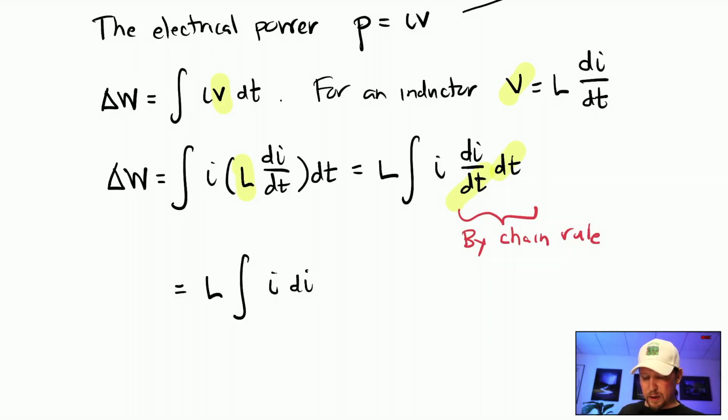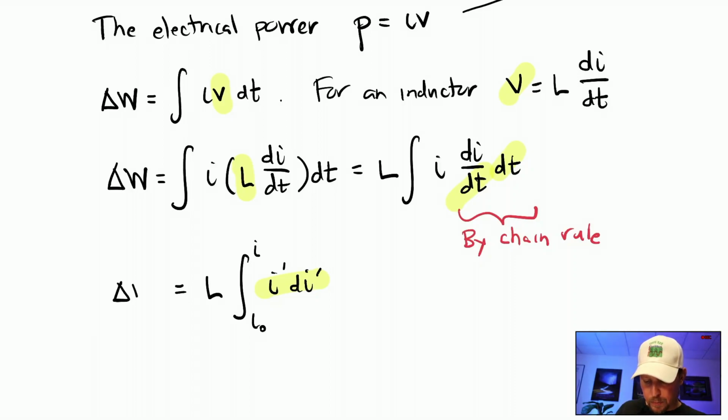Right? Now, in terms of the bounds of integration, these are dummy variables. Right? So I can put primes on both of these. My variable is going to go in the top bound, and in the bottom bound, I actually have my initial current. This is the current at t equals 0. But notice that this part itself is easily integrable. Right? This is like x dx or y dy. It's going to be 1/2 that variable squared.